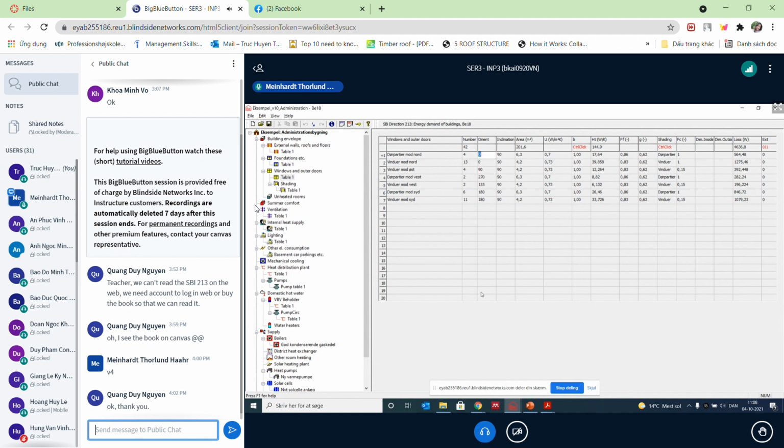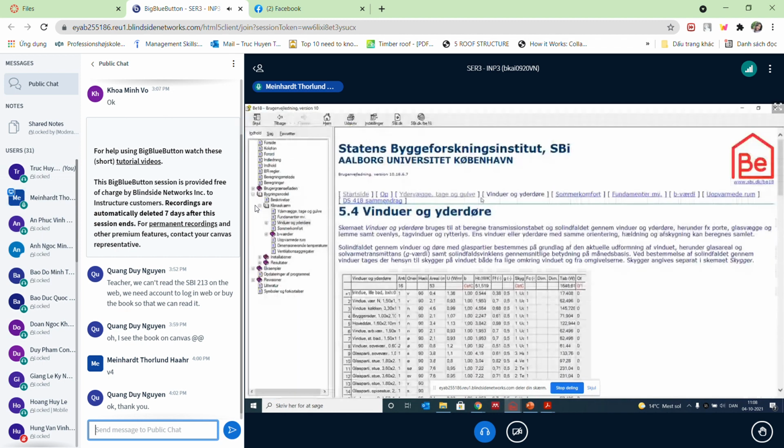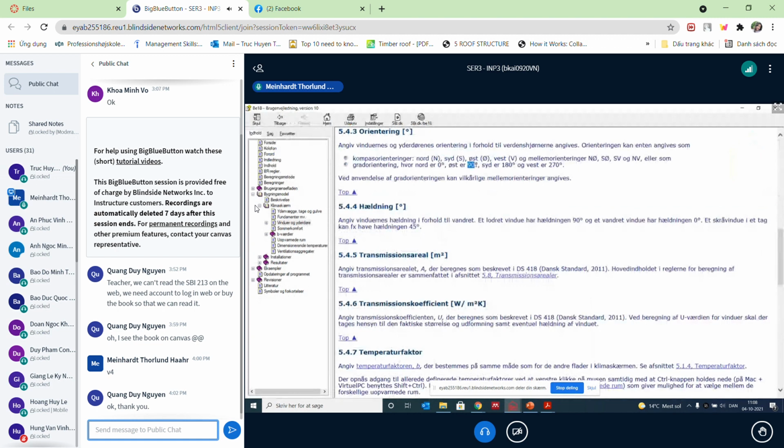So I would suggest using numbers instead of letters for orientation. Just keep in mind that when we're doing the orientation, 90 degrees is positive, which is east. So we're counting clockwise, not counterclockwise. Okay.